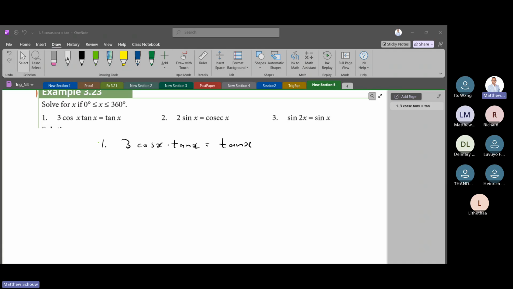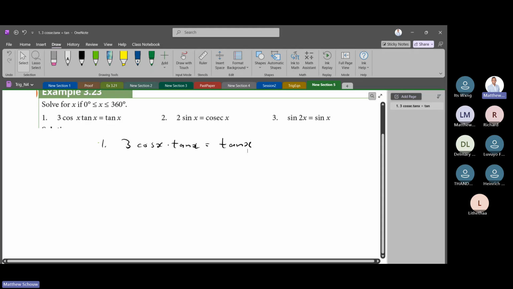That's what's happening here. But what can be tricky is that you obviously want to get a wide range of values here, and because we have two trig ratios, you'll see what I mean.